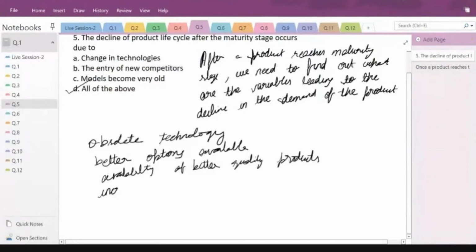So what is the main agenda? What is the solution to all these problems?